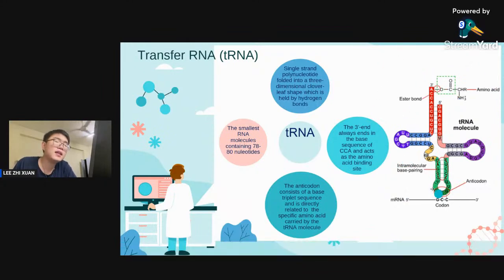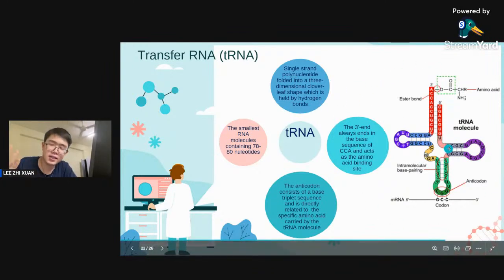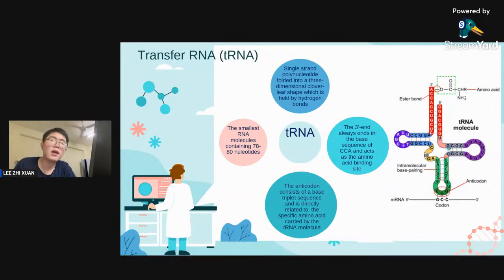So tRNA is a single-strand polynucleotide folded into a three-dimensional structure called the clover leaf shape, which is held by hydrogen bonds. So although it is just a single polynucleotide chain, it can form a 3D structure. You will see here there are many hydrogen bonds that hold it together.